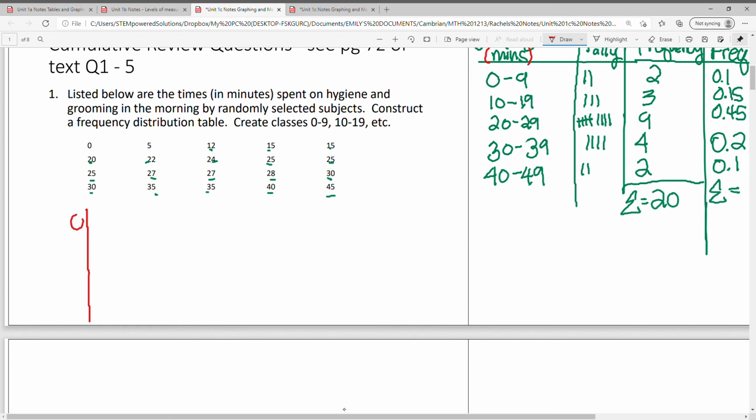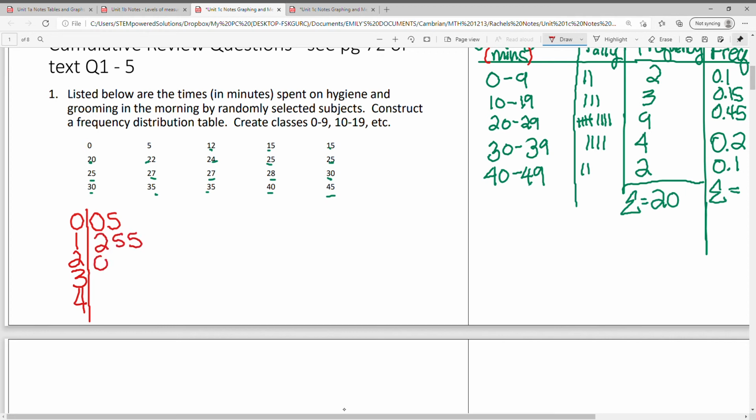For the zeros, remember these numbers are the tens place value, and the numbers following are the ones. For the 0s, we had a 0 and a 5. For the tens, we had a 12, a 15, another 15.